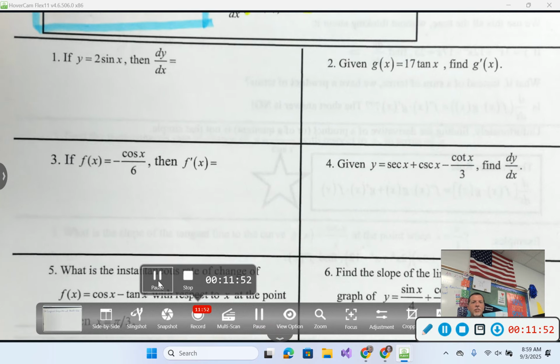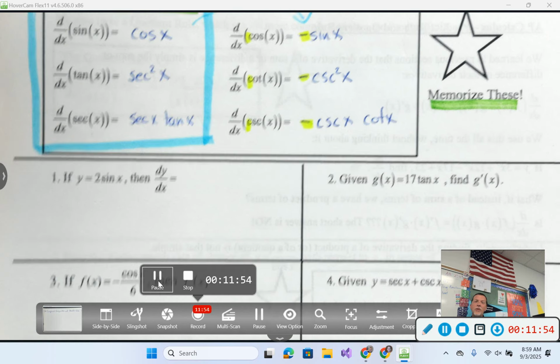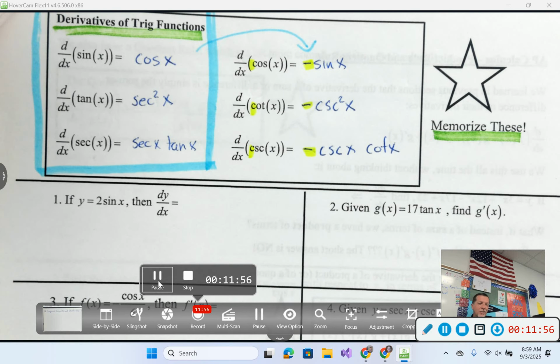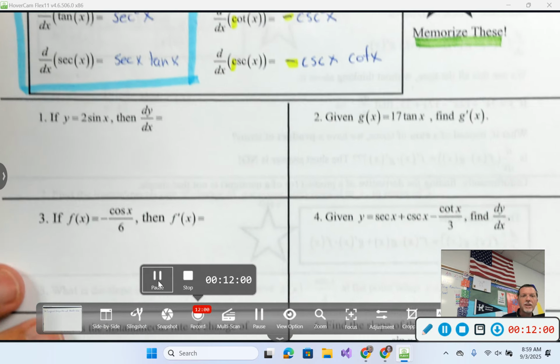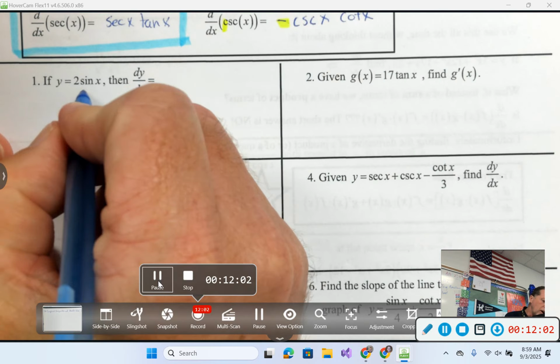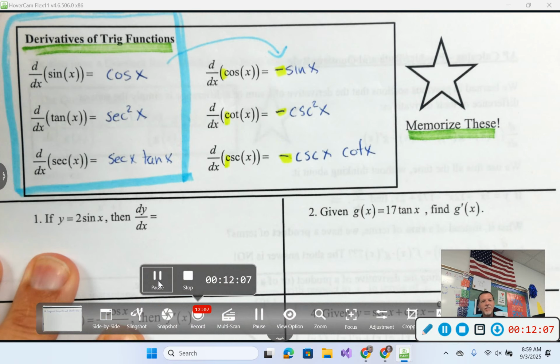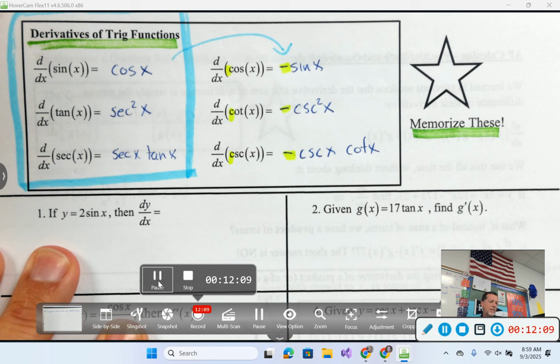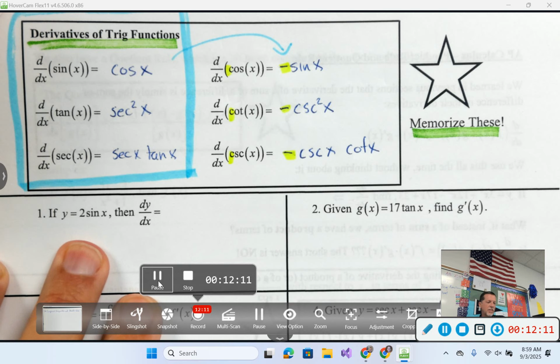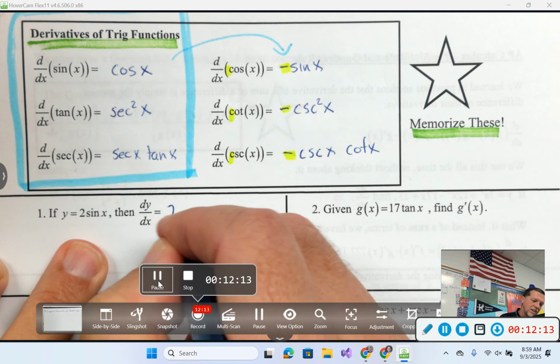Okay, so let's try some of these. They're pretty straightforward because we don't know how to combine things yet. That comes later. Number 1, if y equals 2 sine of x, then dy dx is the derivative of sine, cosine.